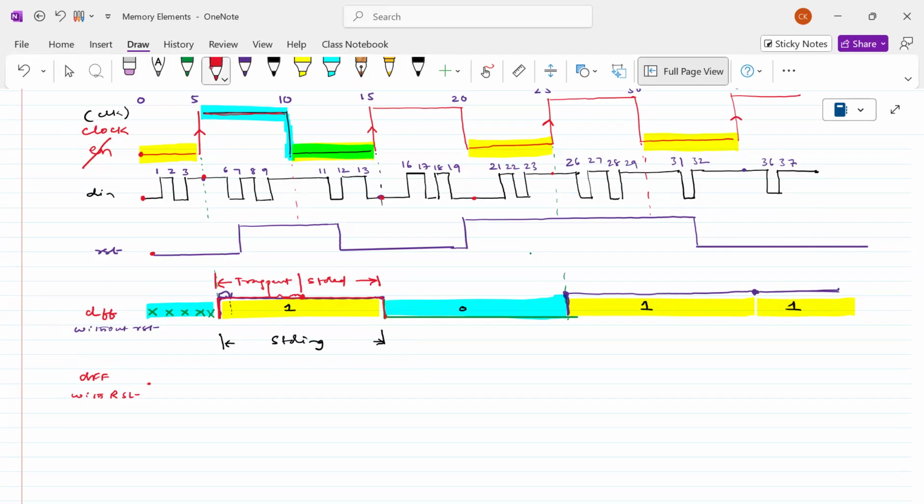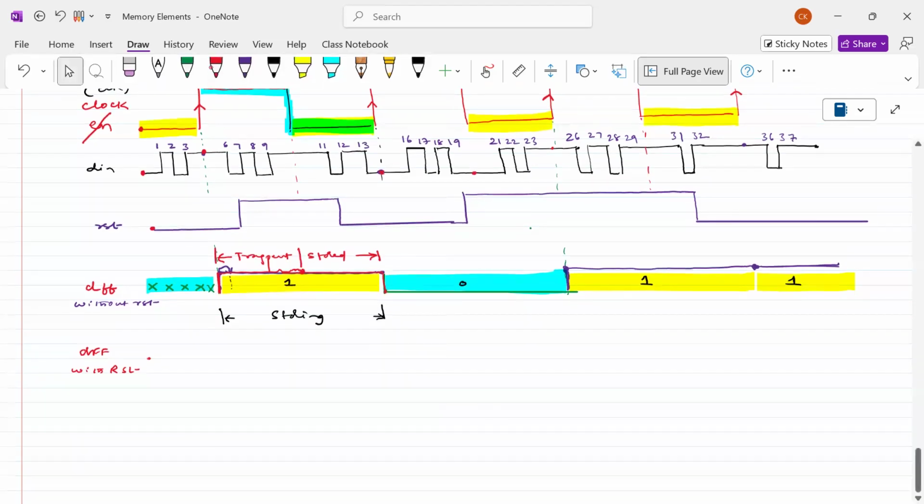How long will it be unknown? Until either the positive edge of the clock or the reset. Assume that in the first place we see the clock signal. According to this waveform, first you see the clock signal. Until the clock signal, this is unknown.